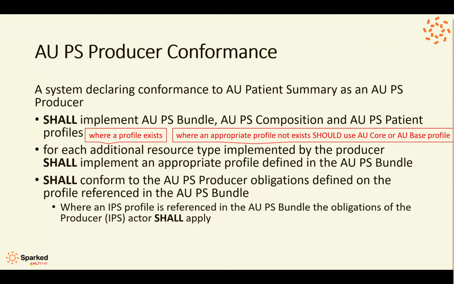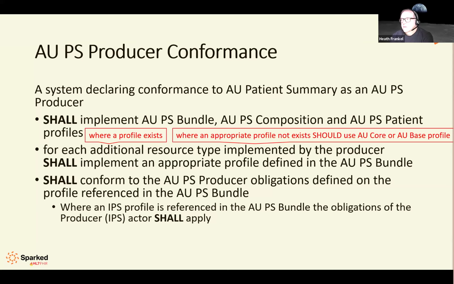As a vendor, I'm just looking at the effort needed to be AUPS conformant. What kind of AU Core conformance do we need? Well, you need to be AU Core conformant. Yeah. So you need to abide by those obligations in the context of AUPS consumer or producer, not in the context of requester and responder.